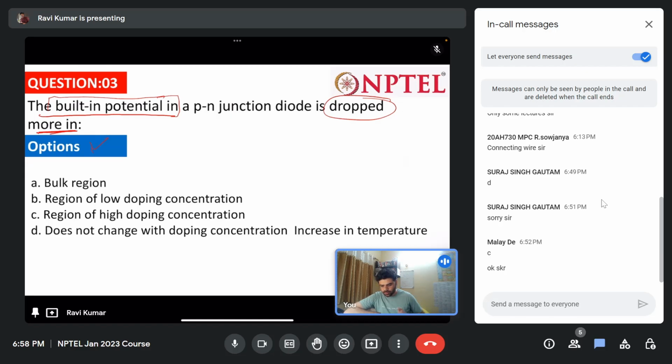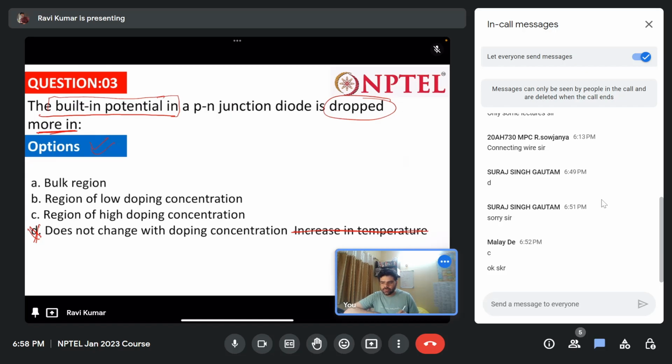Where will it be dropped? First, let me know, does it depend on concentration, doping concentration? Yes, sir. This is not a part of this. So, does it depend on the concentration? So, D is not the answer.